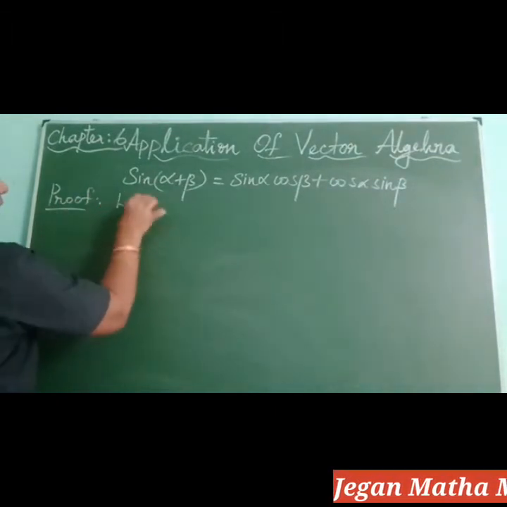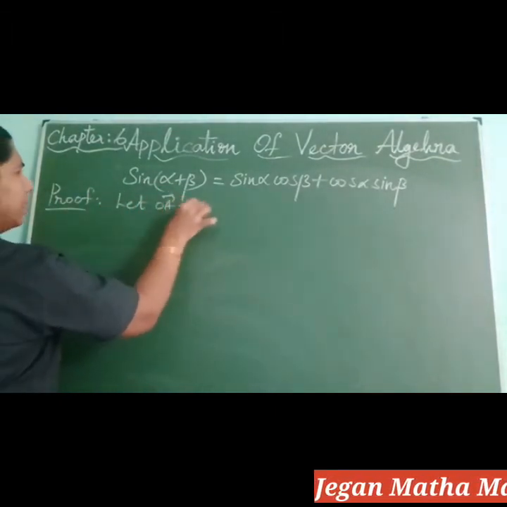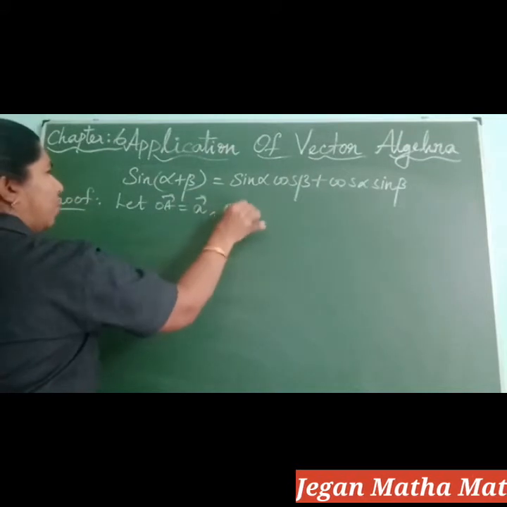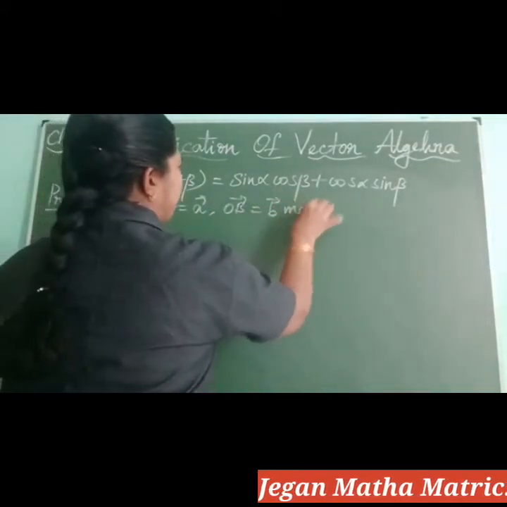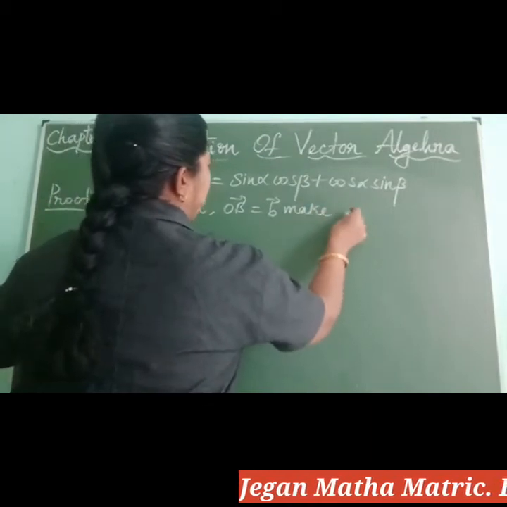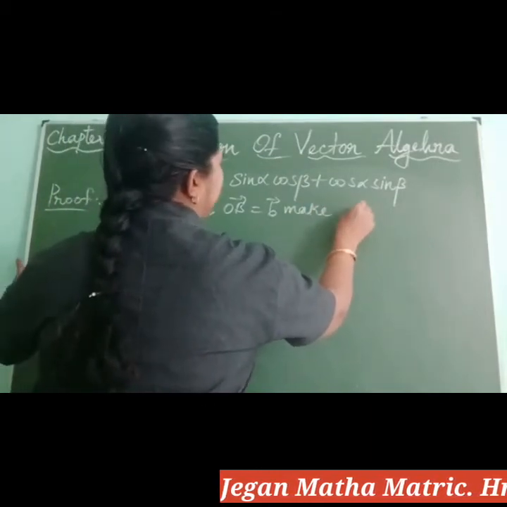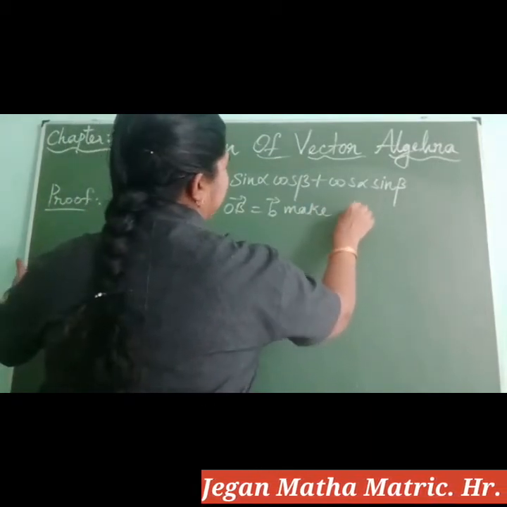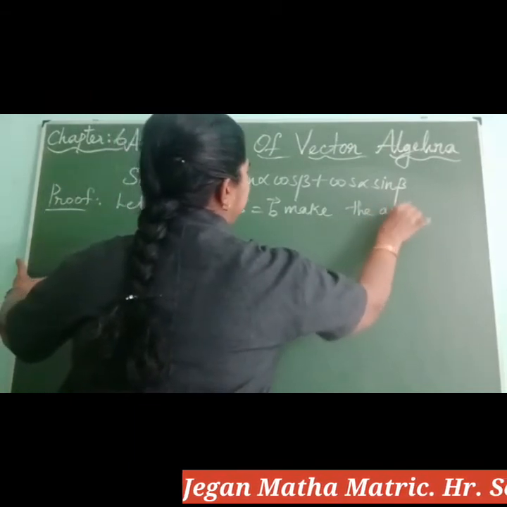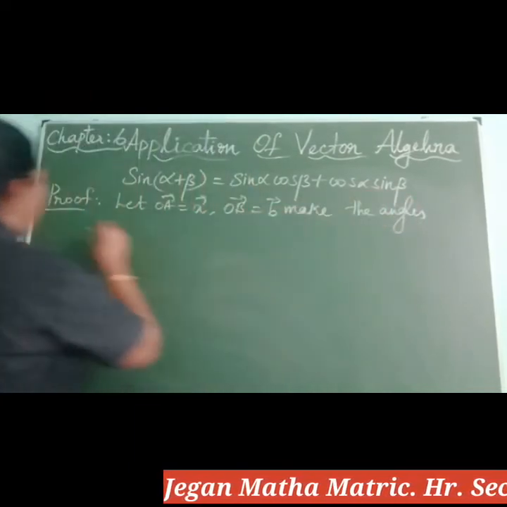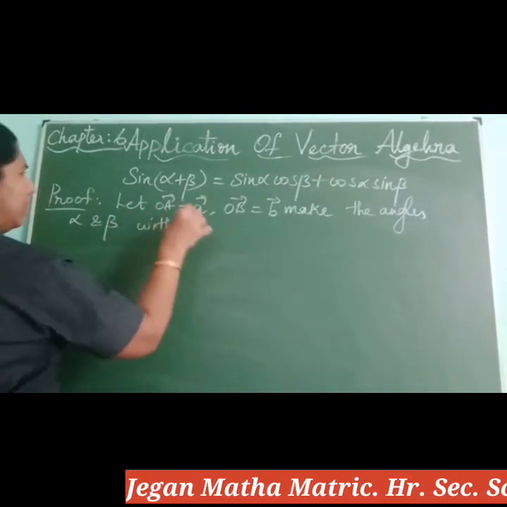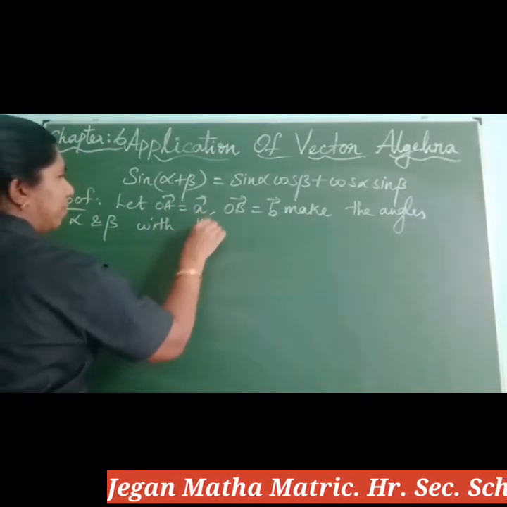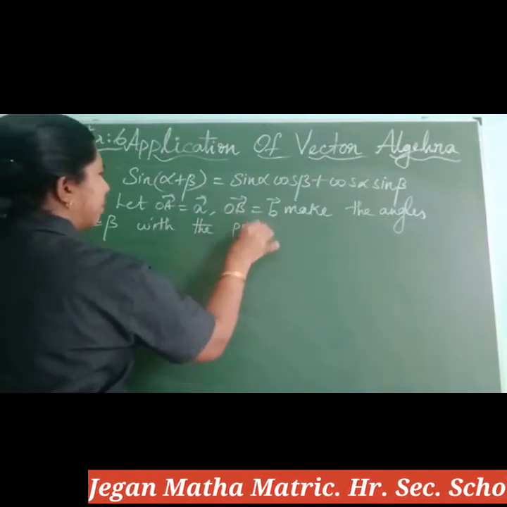let OA equal to A vector and OB equal to B vector. Make the angles alpha and beta with the positive x-axis.